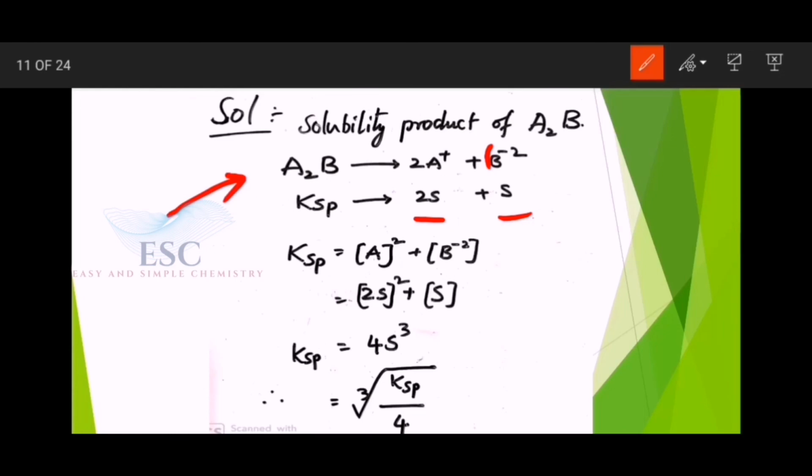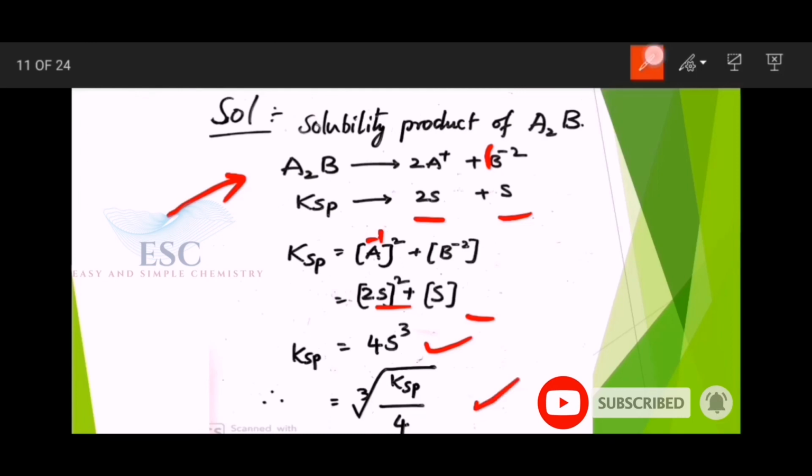Here, concentration of A plus to the power of 2 times concentration of B minus 2 to the power of 1. A plus means 2s to the power of 2, and B minus 2 is only s. So that gives 4s cubed, so s equals the cube root of Ksp by 4. That is the right answer.